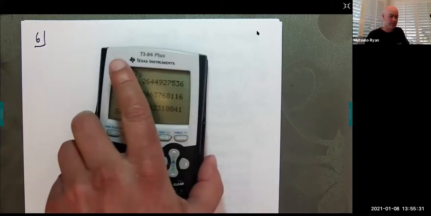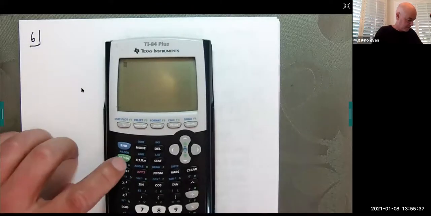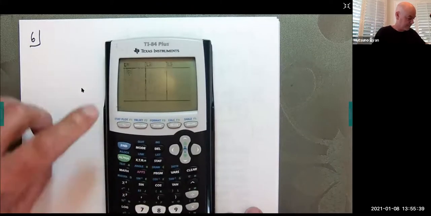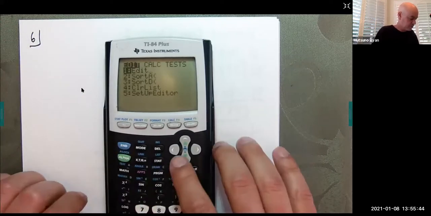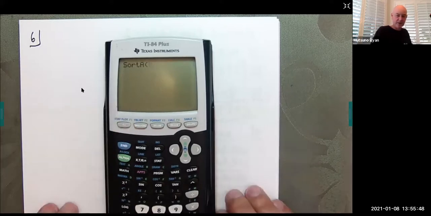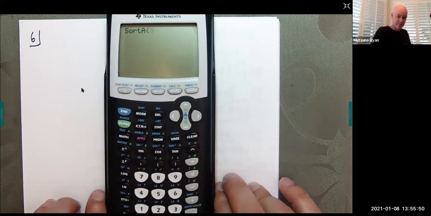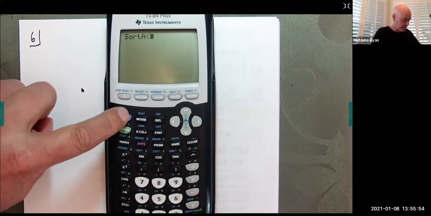So moving on with number 6 here. Once again, I wanted to show you in my calculator. I put the data into list 1, and I want to sort it now. So now I'm going to go to stat, sort A, and I want to put it into list 1. Now list 1 is right above the 1 button, but mine's blue, so I have to hit the blue button first, then that.